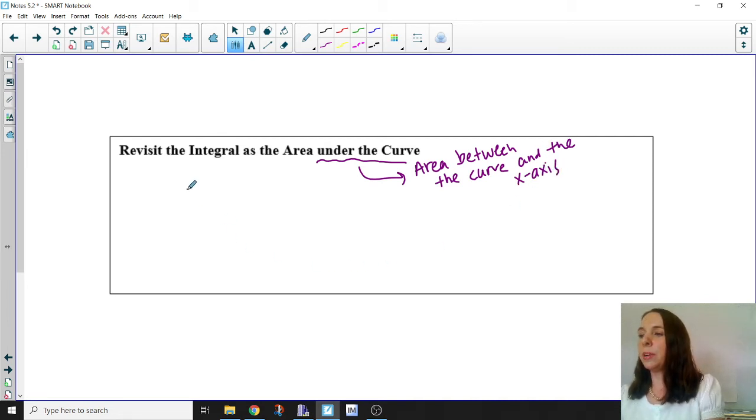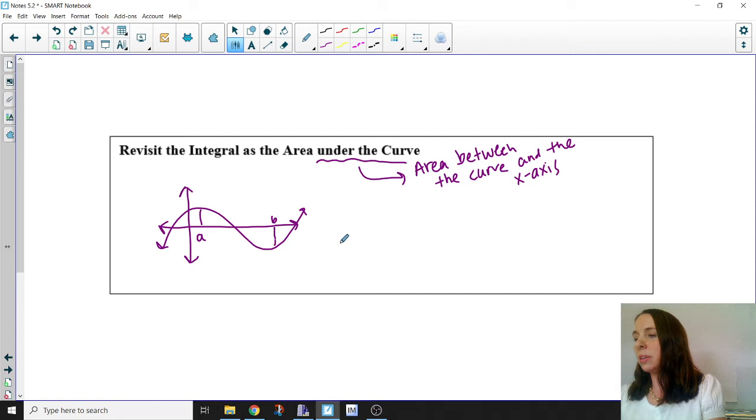For example, let's draw a curvy function like this, and say we're trying to find the integral of the function from this point to this point, a to b.